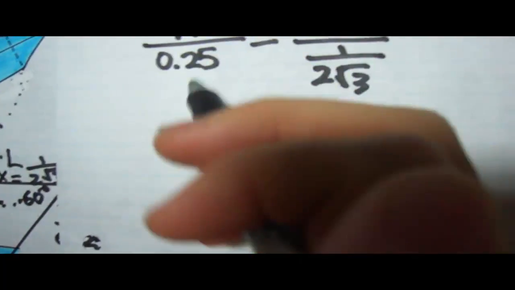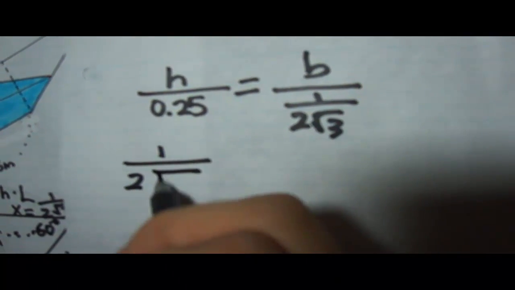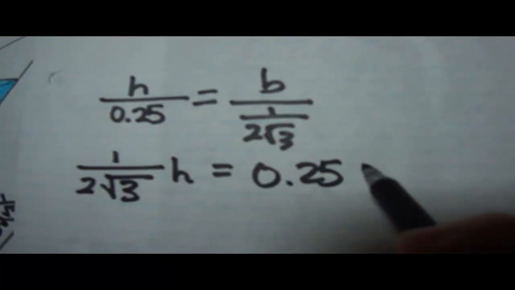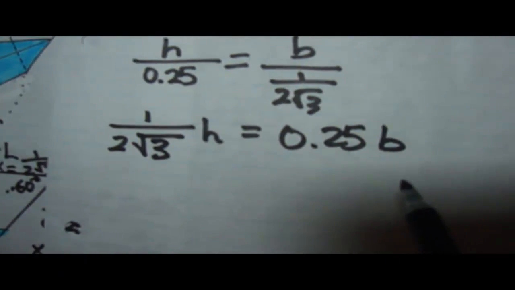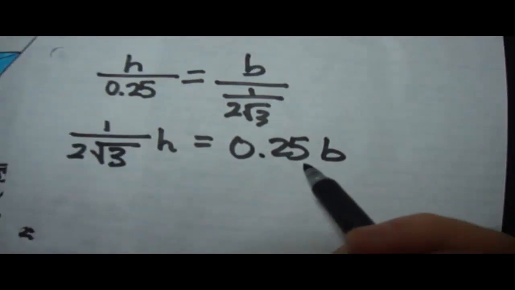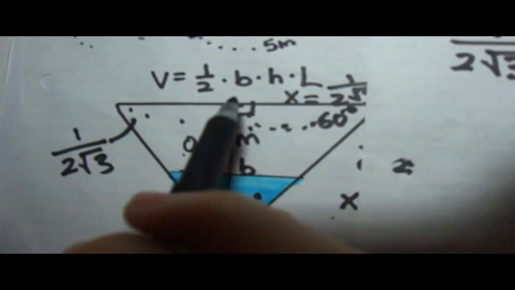So if we cross multiply these two, it becomes 1 over 2 root 3 times h equals 0.25 b. Now we want to isolate b, because if we look at the equation, it's V equals 1 over 2 times b times h times L. So we want to eliminate as many variables as possible.